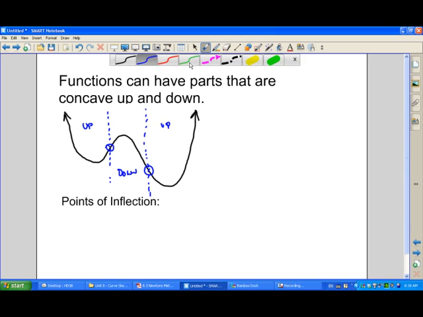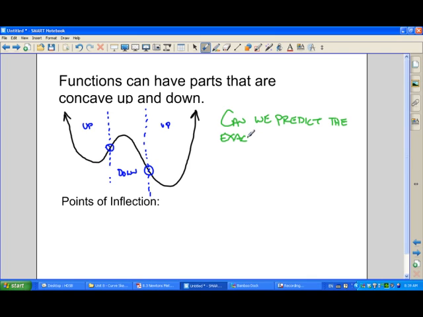And what we want to know is, can we predict the exact point where a function changes concavity?